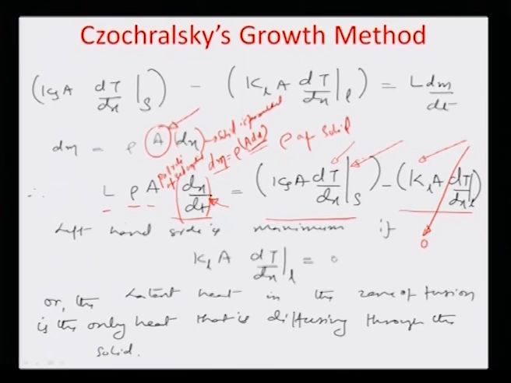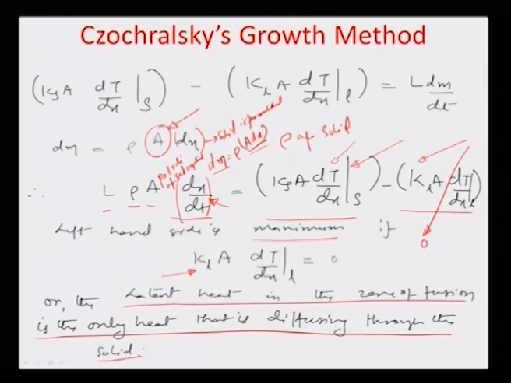That is typically the case in one dimensional heat transfer. So this whole equation is a maximum on the left side only if the heat transfer from the liquid into the zone of fusion is 0, or the latent heat in the zone of fusion is the only heat that is diffusing through the solid.